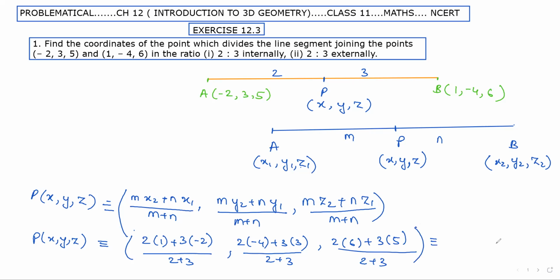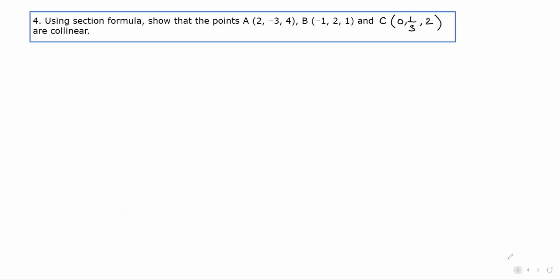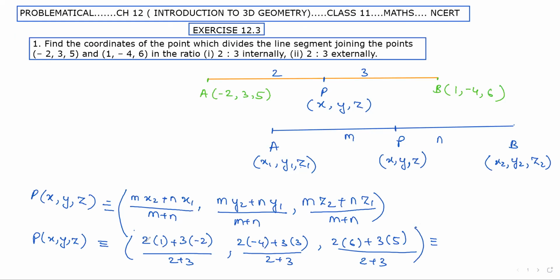After calculation, let's calculate this. So P(x, y, z) will be equivalent to 2 into 1, 2, minus 3 into 2, 6, which is -4 upon 5.